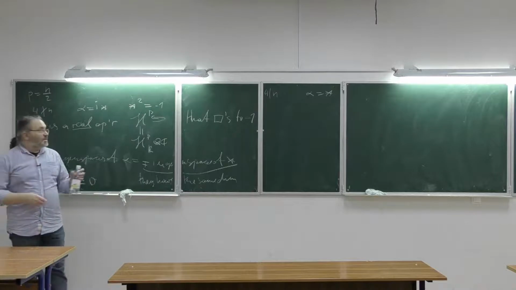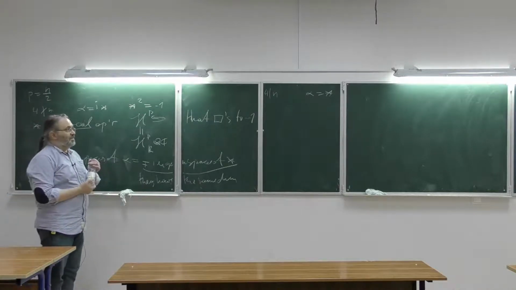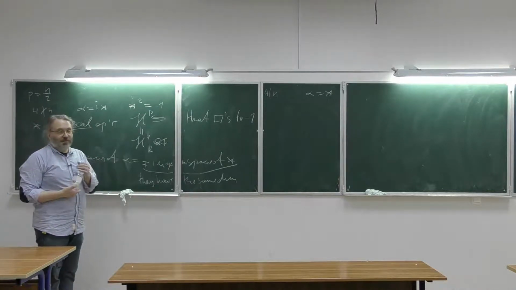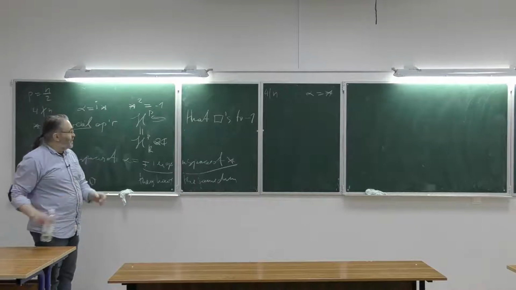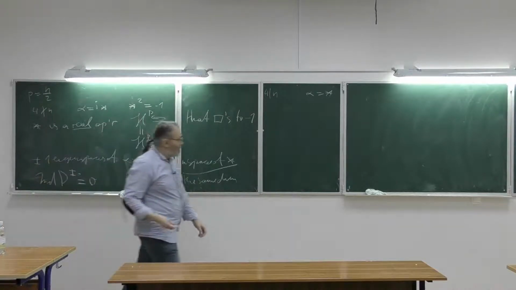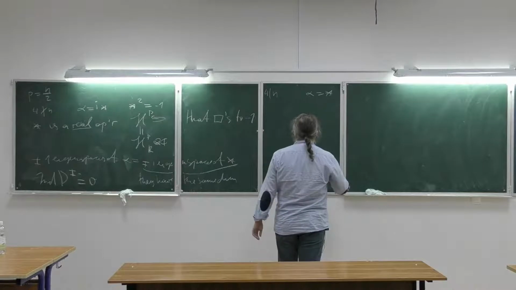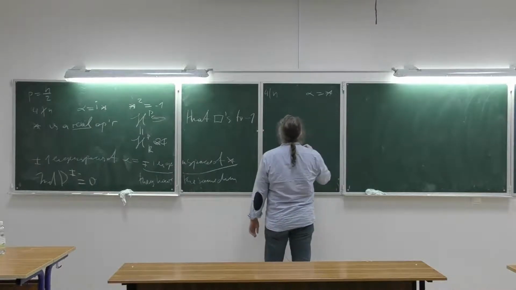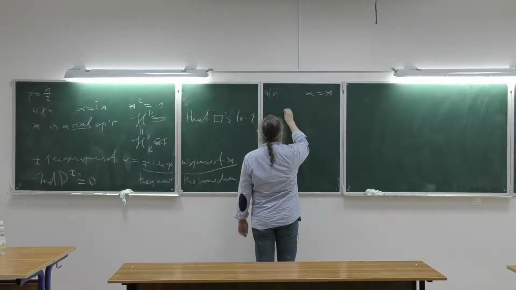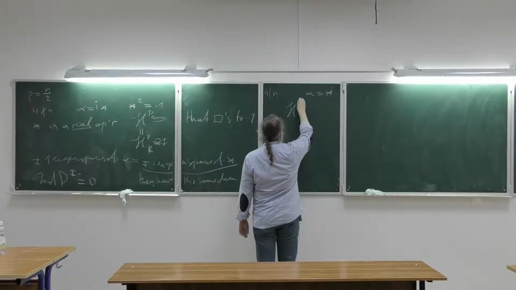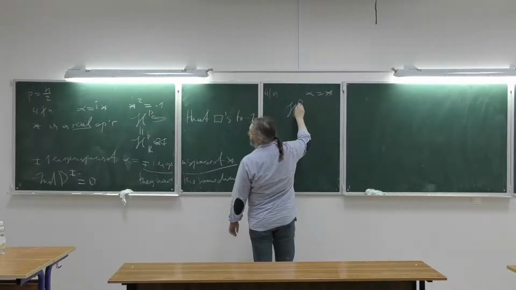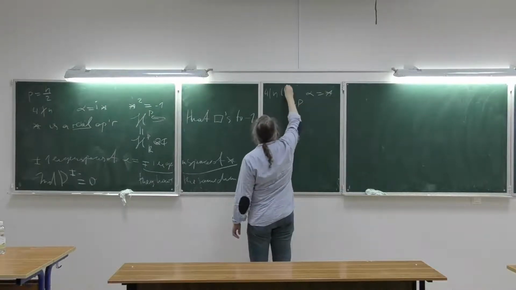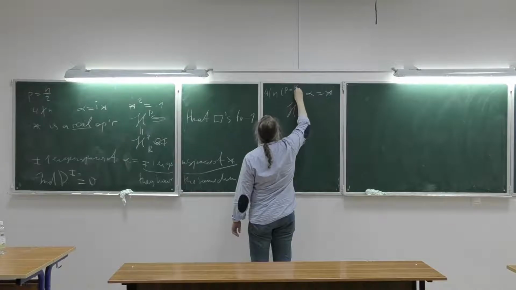alpha is the same as star. There is no multiple of I. Again, I take P again equal 1/2 m.